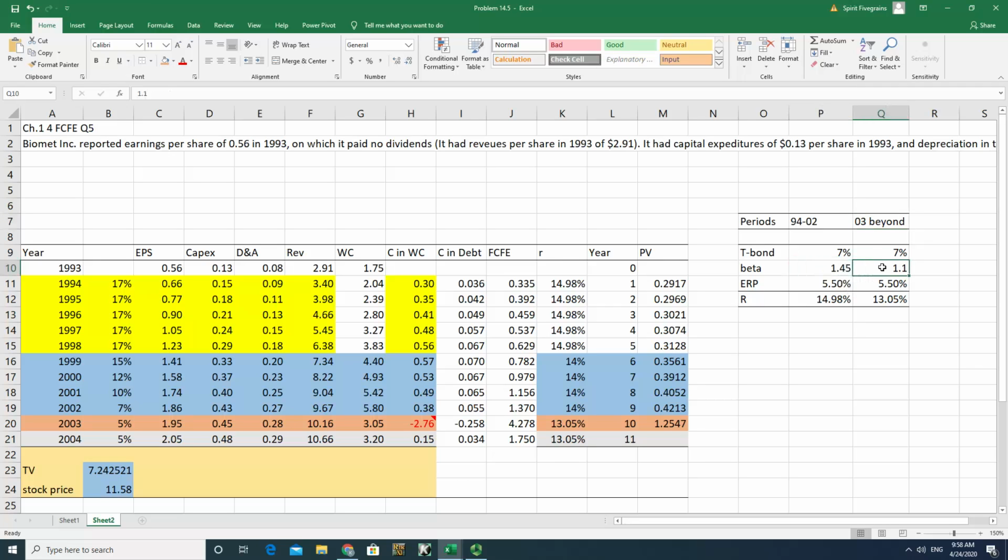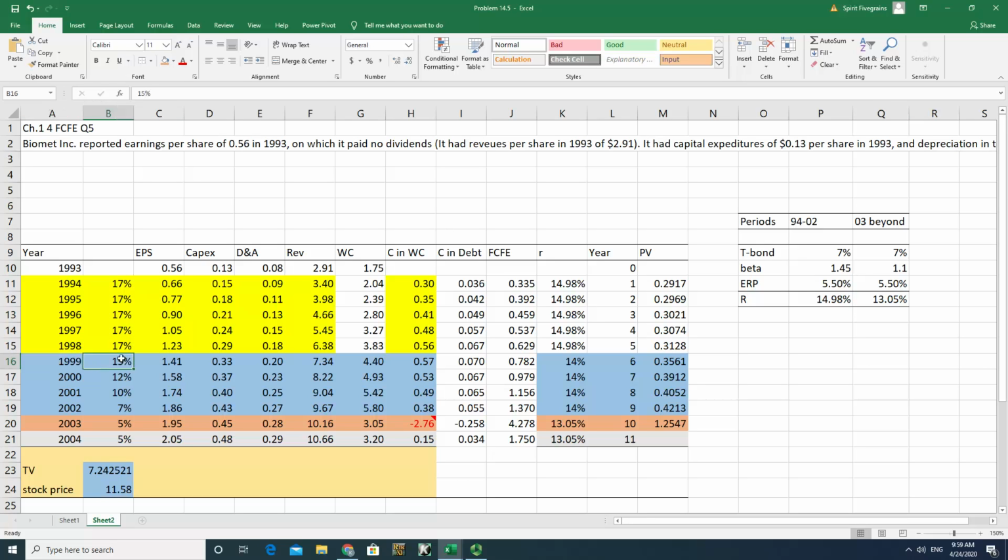So betas are different. Therefore, the cost of equity would be different between those two time periods. Given a 7% T-bond rate and ERP of 5.5%, I got about 15% cost of equity during the high growth time period, and 13.05% cost of equity during the low growth or constant growth time period.